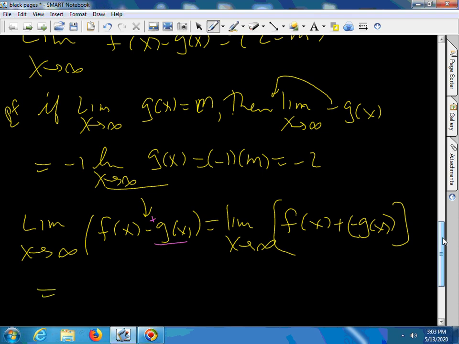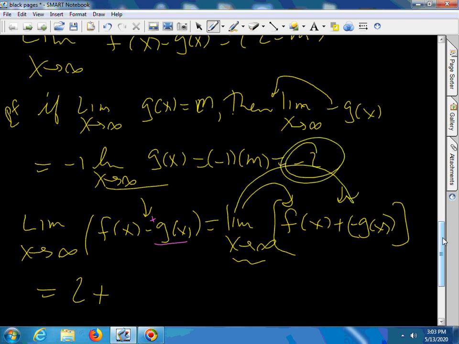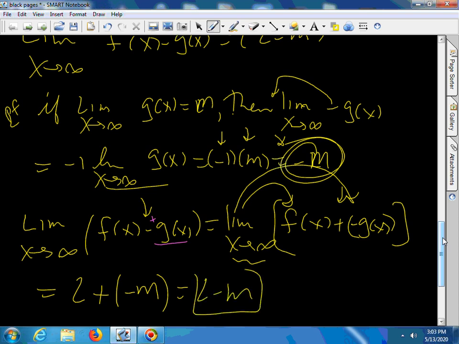And we proved that the limit as x goes to infinity of our sum is the limit of the first one, which is L, plus the limit of the second one, which we just computed to be negative M. And this is L minus M. When you have a rule for addition, you can convert it to a rule for subtraction.